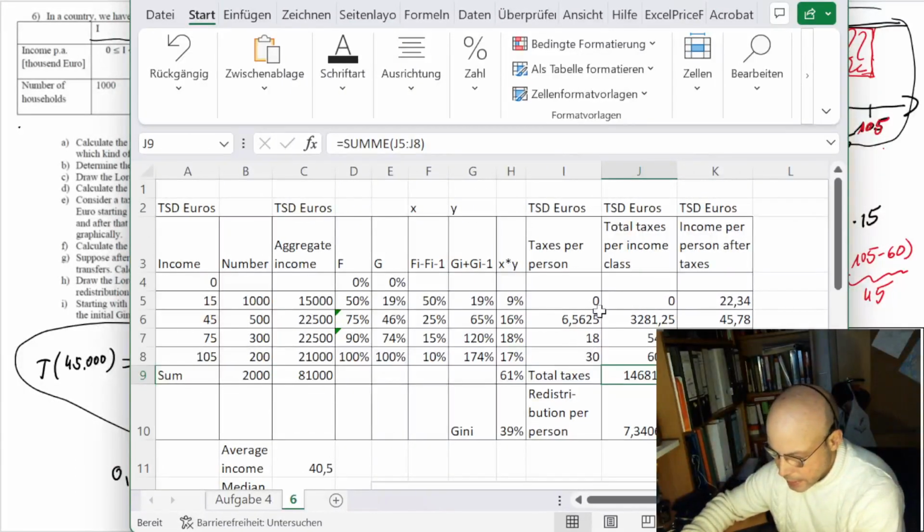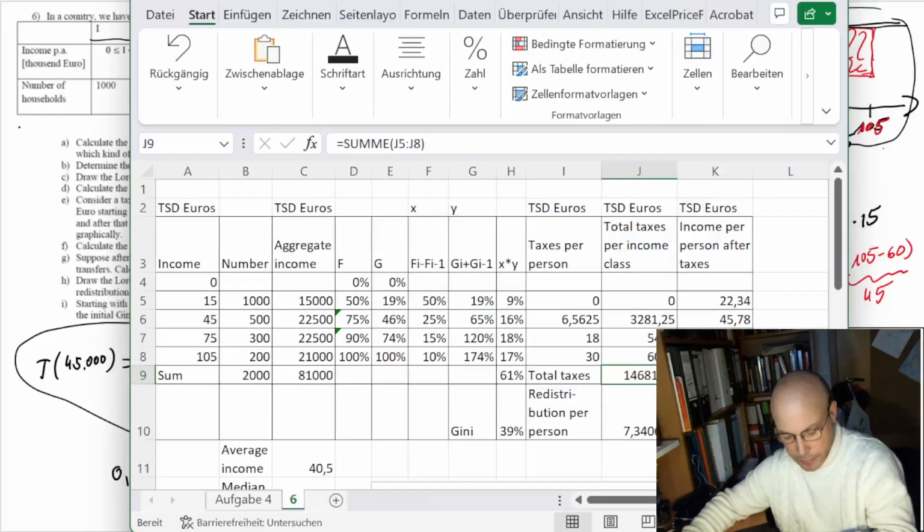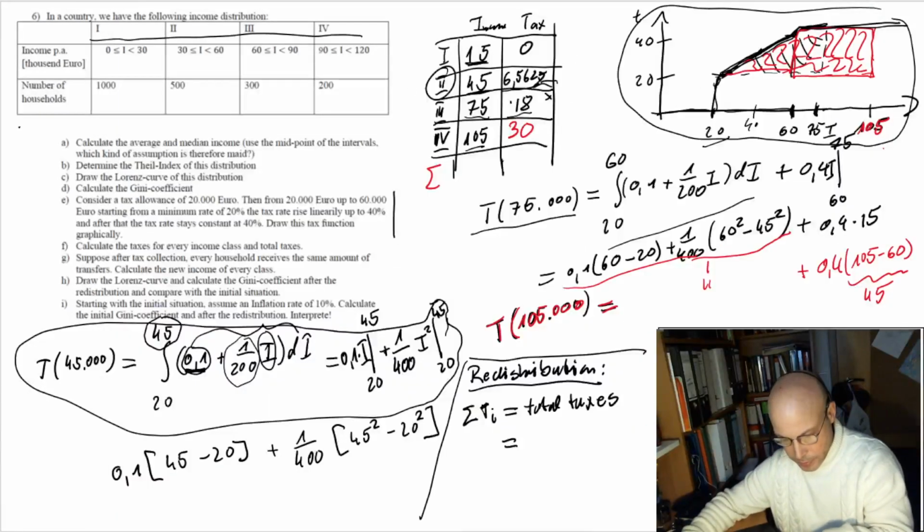That we at first have to calculate total taxes. The first class has to pay, of course, nothing. Then the second class roughly 3 million, then 5.4 million, 6 million. The last class, because there we have only 200. Well, maybe we should also write this down once.